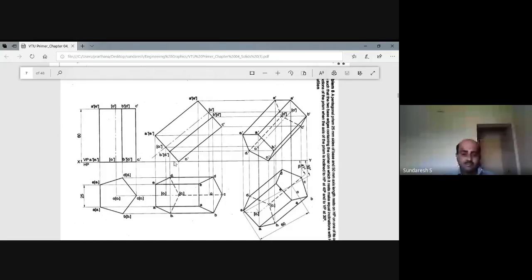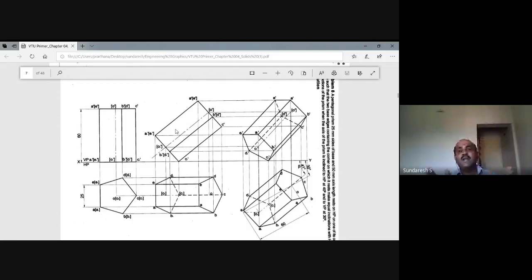Now what's happening? C1 dash is the corner which is away from the observer, and in a very simple way you can say which edges come out of C1 dash. One is C1 dash and C dash. This edge is definitely away from the observer, and the other two edges are C1 dash and B1 dash, and C1 dash and D1 dash.